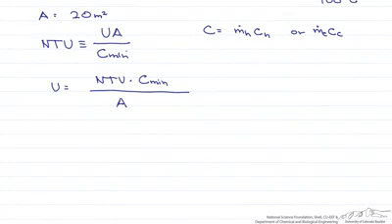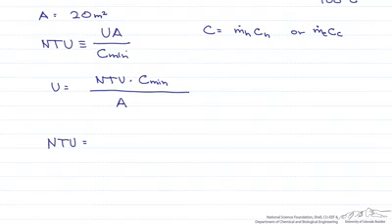Next, we have to find our NTU. This NTU can be found as a function of effectiveness and tables for appropriate flow relations.